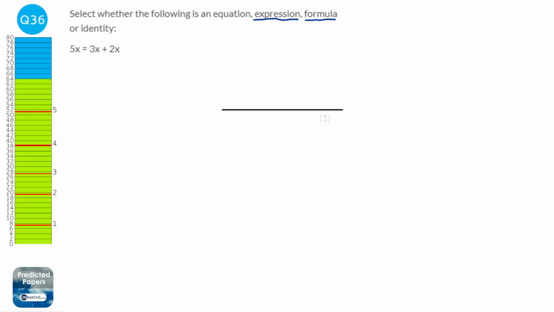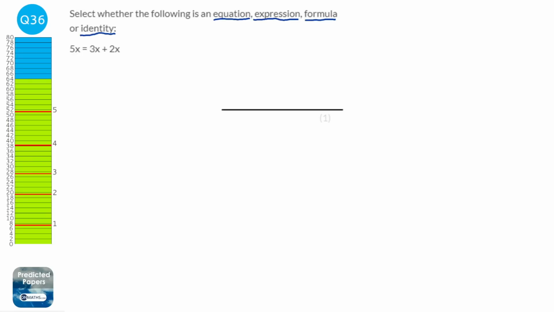So 5x plus 3 would be an expression. An equation has an equals and it can be solved. So you can find out what x is or find out what a is. And an identity is true for all values of that letter. So an example would be x times x equals x squared. That's an identity because that's true for all values of x.